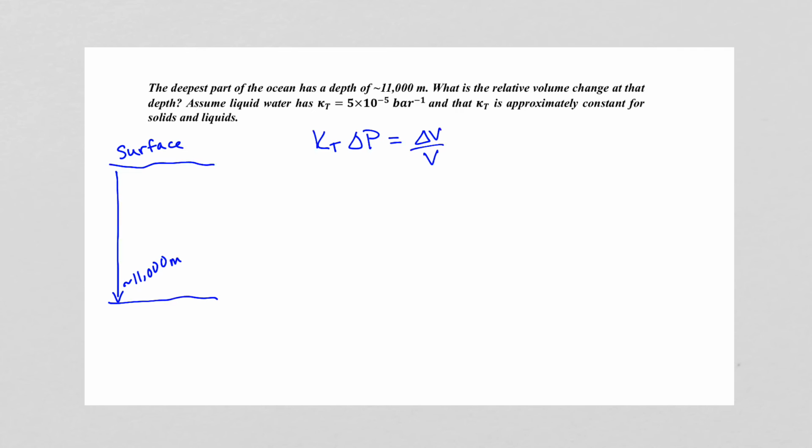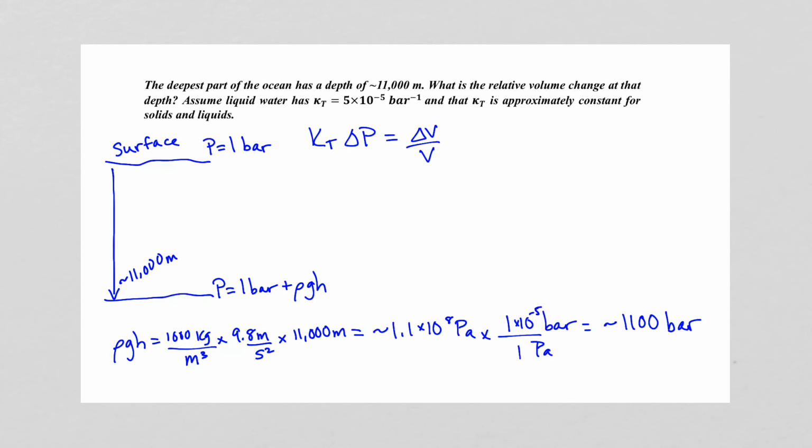We know that at the surface, that's just our normal atmospheric pressure. So let's say that P is 1 bar up here, and then we need to know what P is at our 11,000 meter depth. That's just going to be our 1 bar surface pressure plus our hydrostatic pressure, rho g h. Just a quick run through of how to calculate that: the key here is to remember your units.